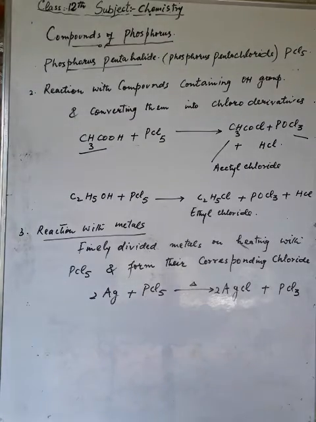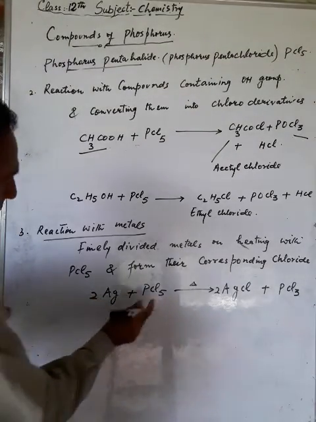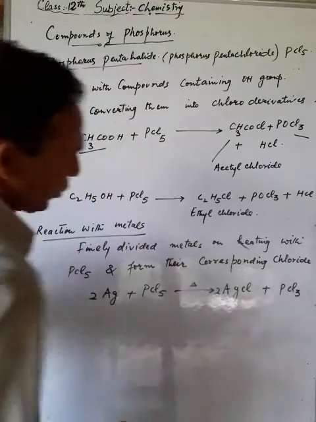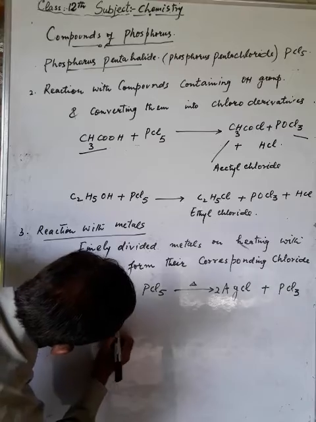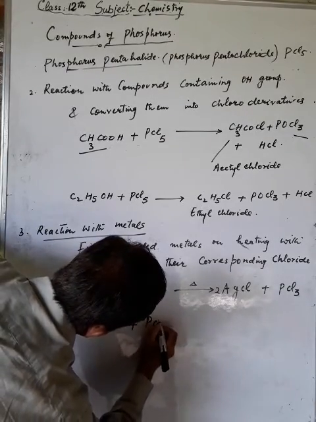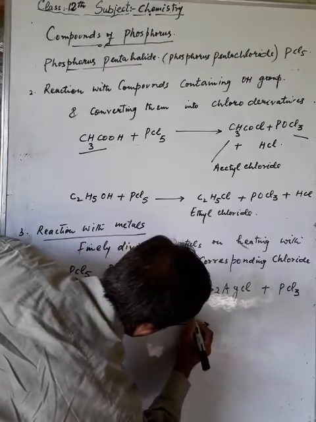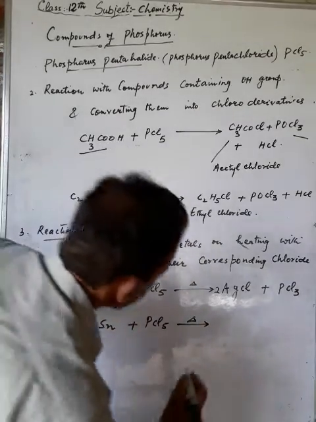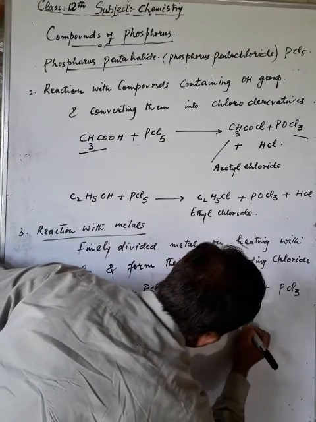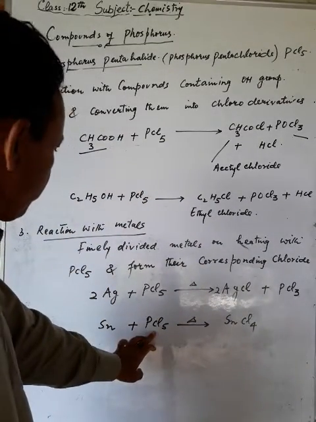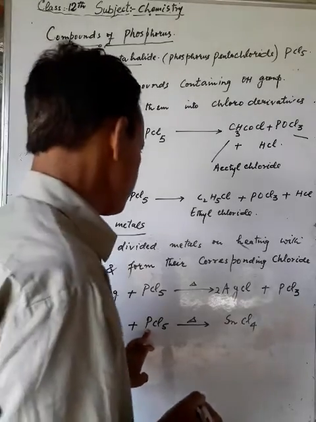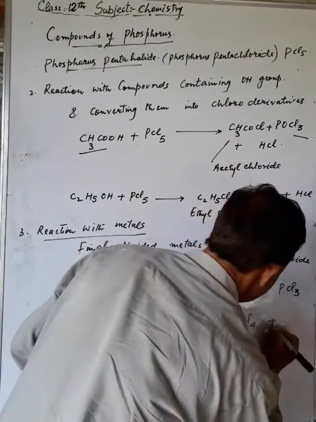Now silver is 2 times on both sides, and PCl3 is formed from 5 minus 2 equals 3. This is silver chloride. And if we take tin and allow it to react with PCl5 on heating, it forms SnCl4 plus PCl3.